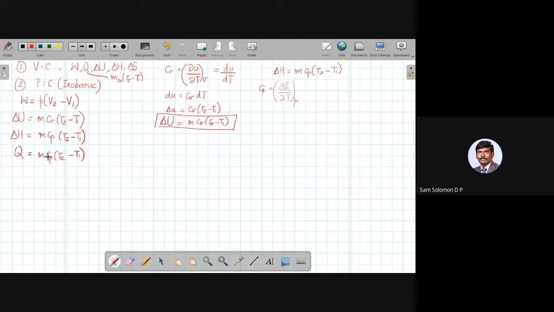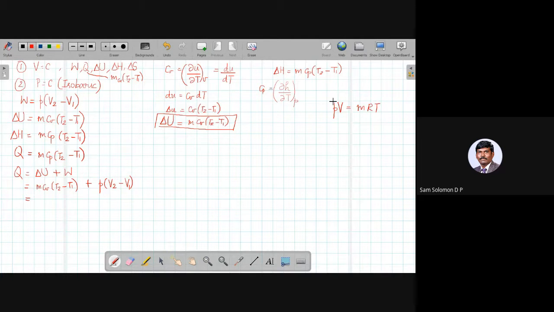If you have doubts, as I already told you, you can apply the first law of thermodynamics, which is Q equals delta U plus W. Here delta U is mcv times T2 minus T1, and W is P times V2 minus V1. And we know the ideal gas equation of state, where PV is equal to mRT.